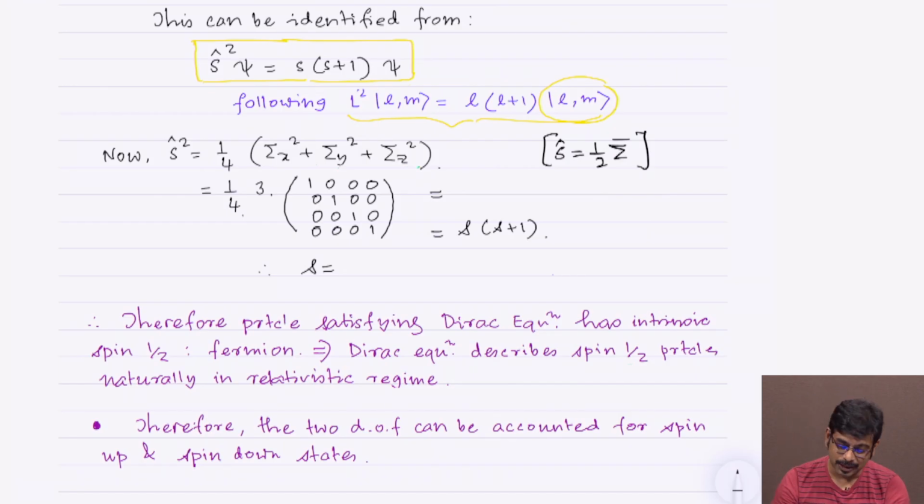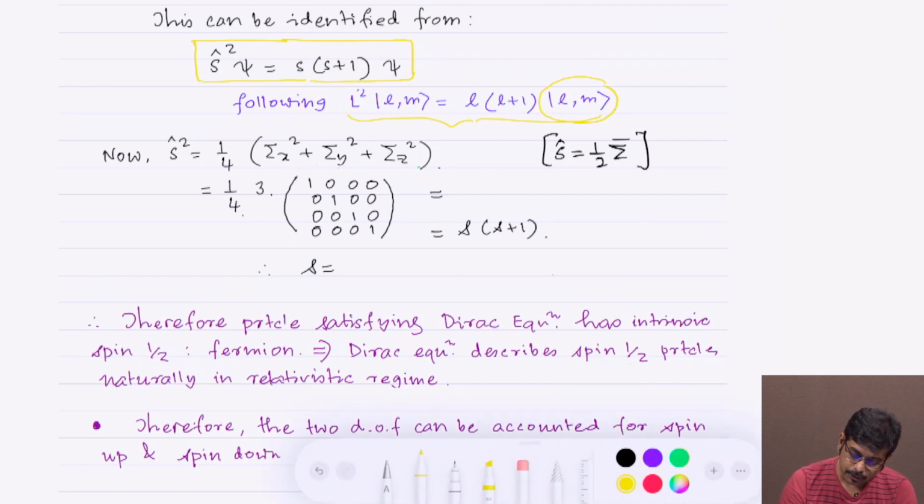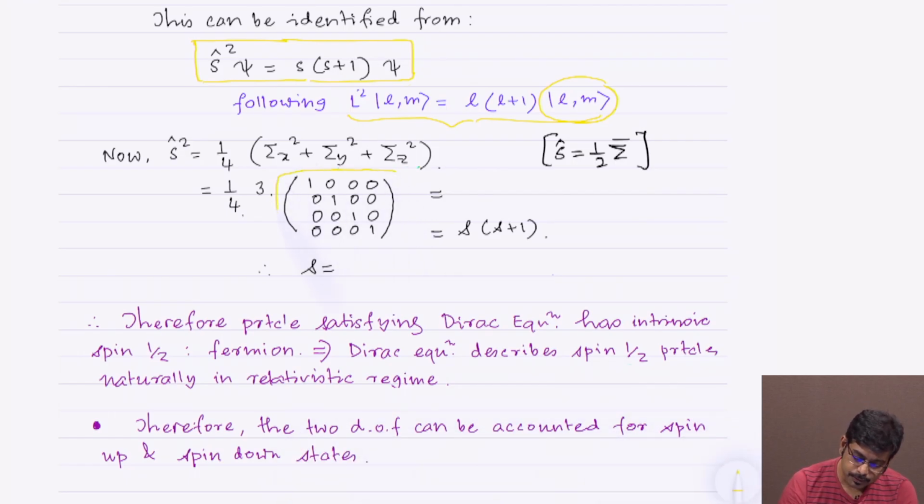If you compute this, it turns out that each is simply the diagonal matrix 1 0 0 0, 0 1 0 0, and so on. So, this is a 4 cross 4 diagonal matrix, and there are 3 of this kind. So, this will lead to 3/4 times this thing.